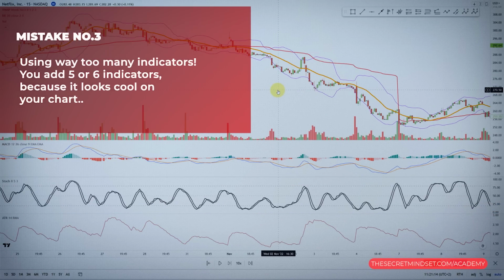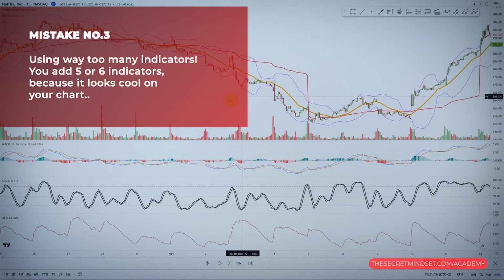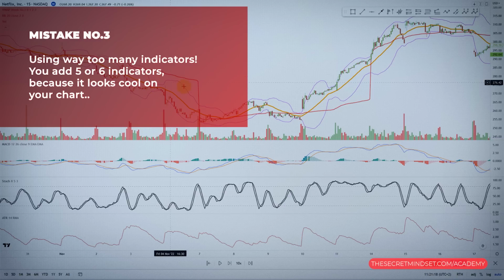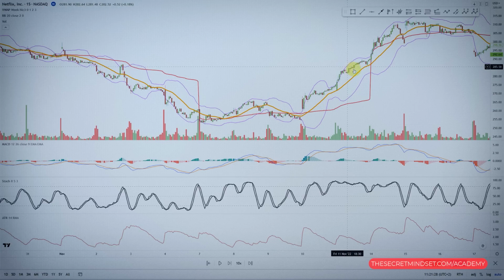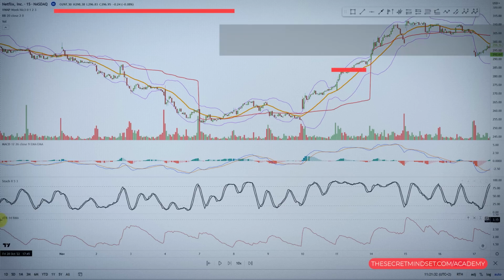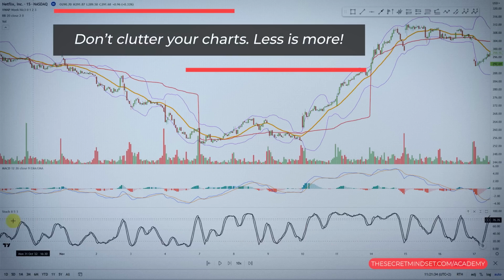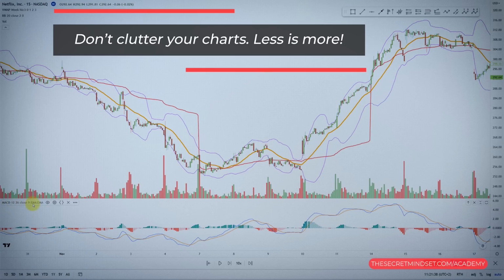And here's another common mistake: using way too many indicators. You add 5 or 6 indicators because it looks cool on your chart. Some indicators say buy, while others will say sell, and by the time they all agree, price already moved a lot, and it's too late to enter. I suffered from the same problem when I started, but you don't need to clutter your charts.